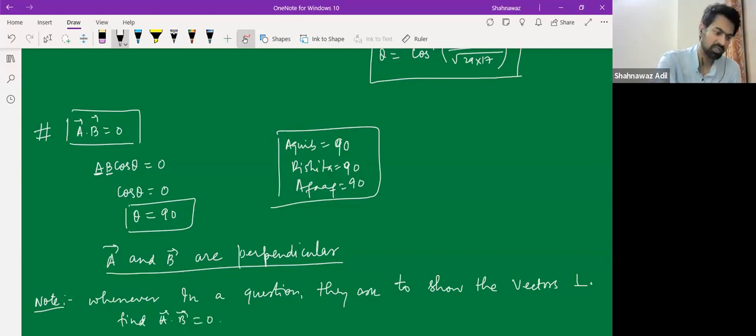Let's say they give you two vectors A and B, and they tell you that they are perpendicular. So AB cos theta would be 0, which means that A dot B will be 0.